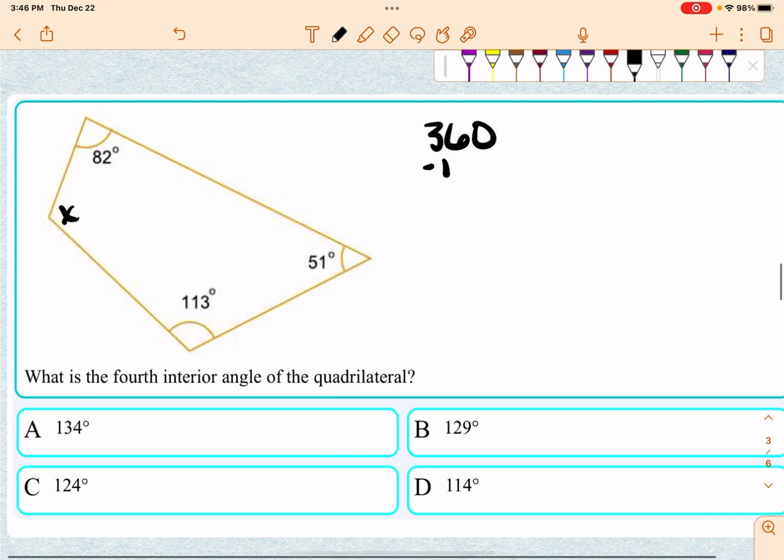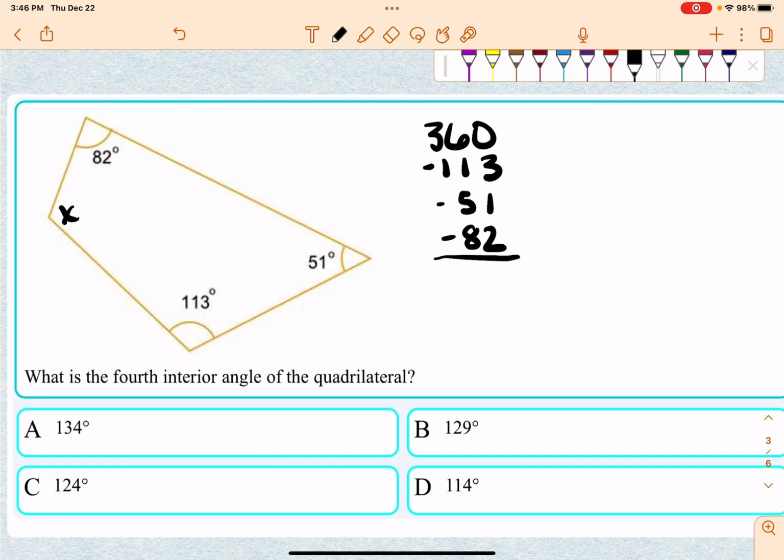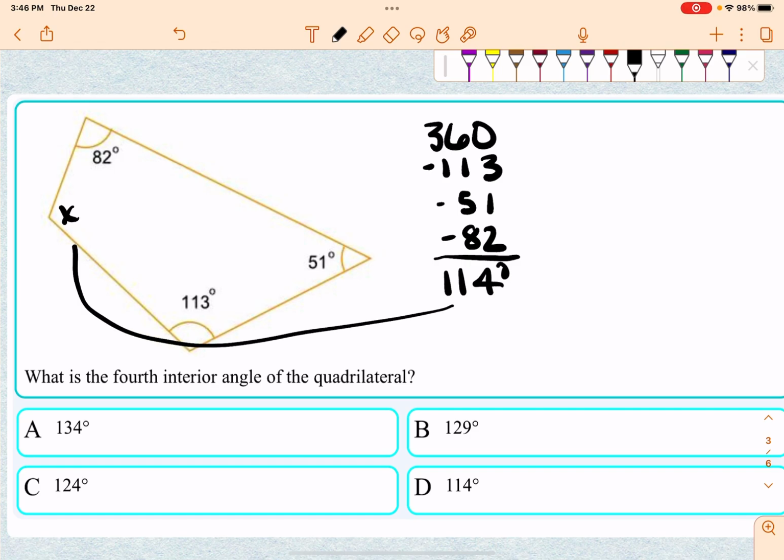So I'm going to have to subtract 113, I'm going to have to subtract 51 and 82 to see what's left over. So 360 minus 113 minus 51 minus 82, and I'm left with 114. That would be this missing one, which would match this.